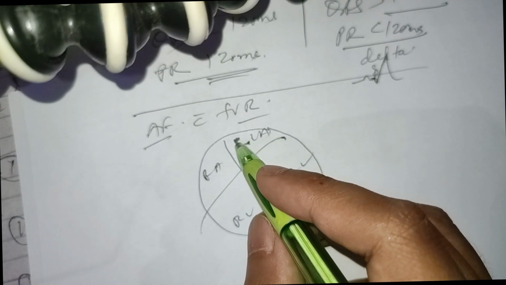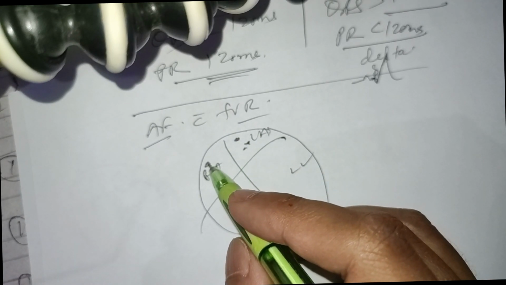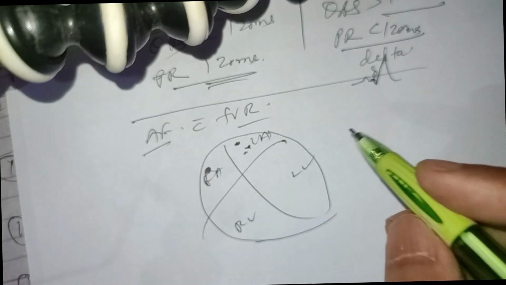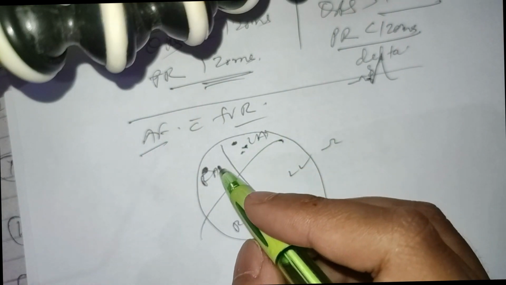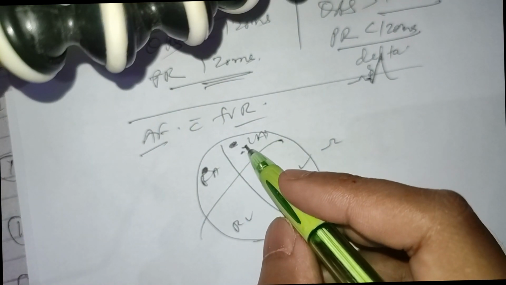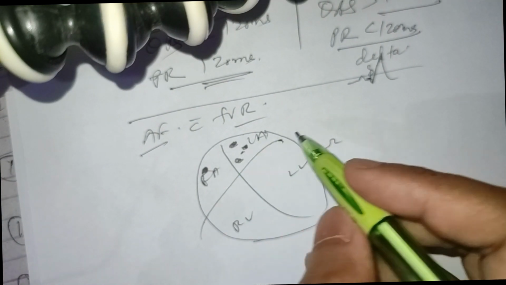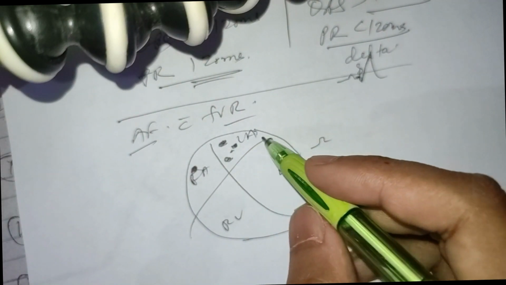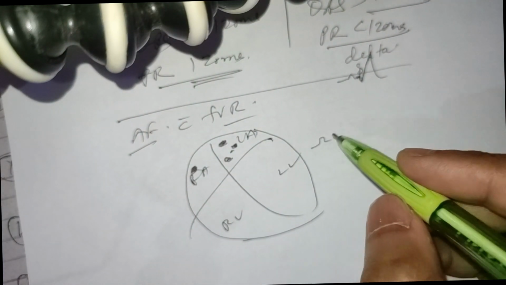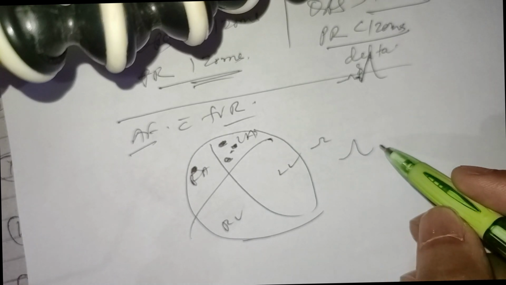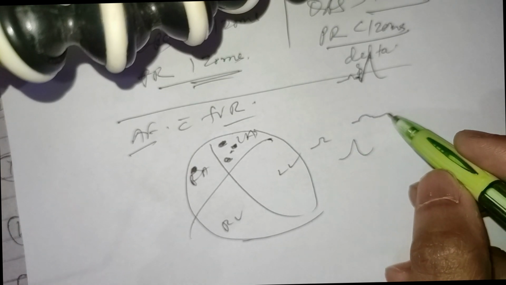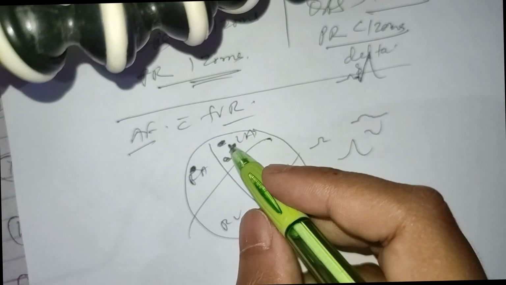Normally the SA node fires and P wave arises, right? But if this focus is also firing, this focus is firing, this focus is firing, there will be different types of P waves, like this type, or this type, or it can be inverted waves.